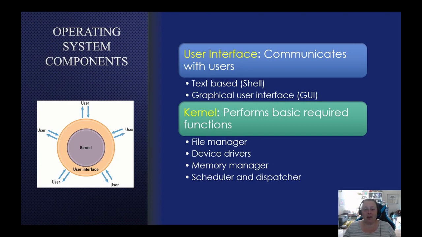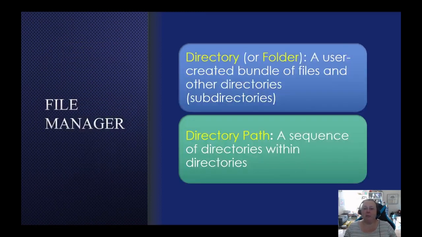Let's start with File Manager. So a File Manager is going to deal with your mass storage. We talked about mass storage a couple lectures ago. Most file managers are going to allow your user to organize your data by creating directories or folders. It depends on your operating system as to what it's called.